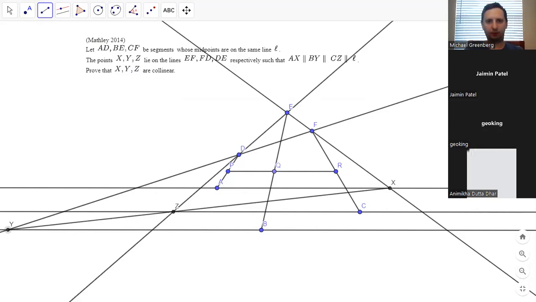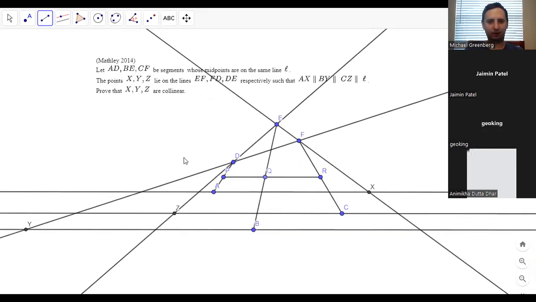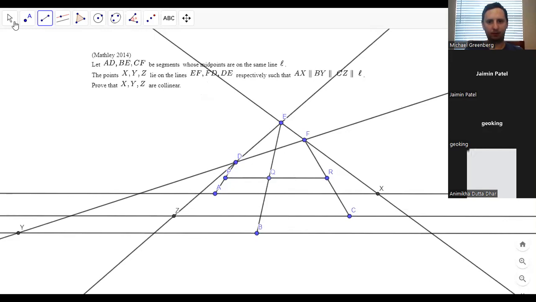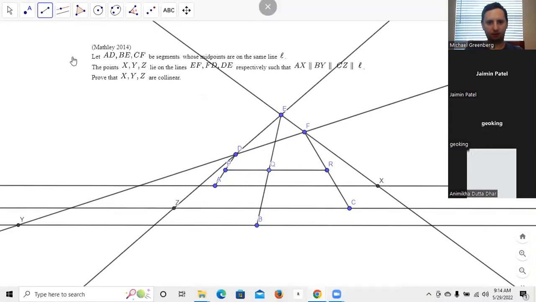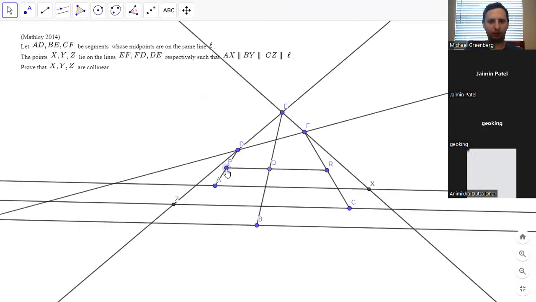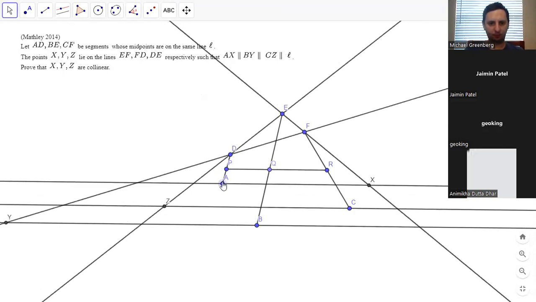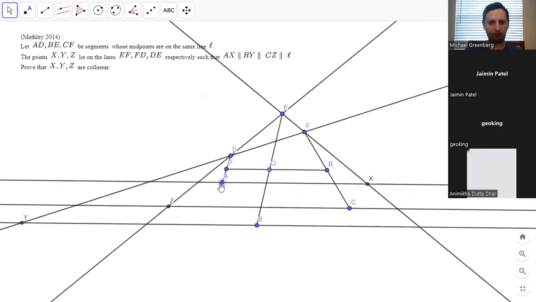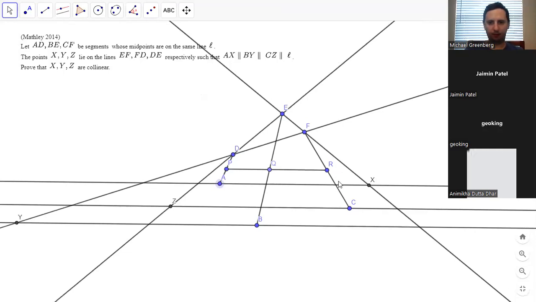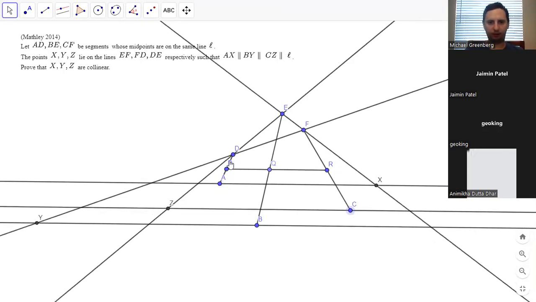Let me see if I can shrink this a little bit and make it a little nicer. Yeah, Z is on B. DF, I want to make it a little more slanted. It looks weird. I don't want A to be there, so maybe I can make C a little farther away. I think that looks good.